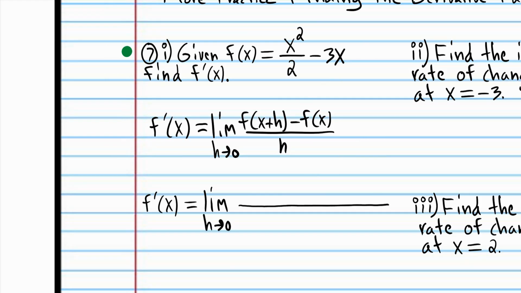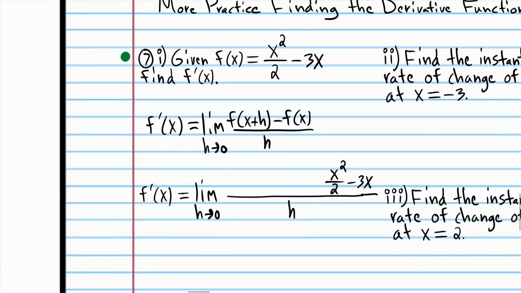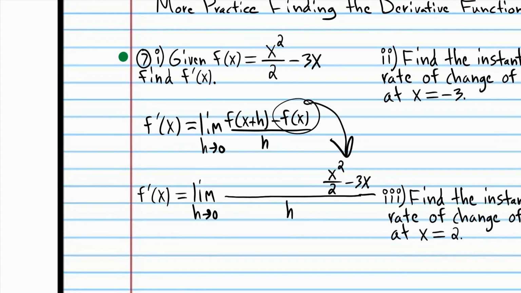We can just write the h there. And also f of x is the easy part. We're just rewriting what f of x is. That's just f of x right there. But we do have to use parentheses. If you don't use parentheses, you're going to get the wrong answer because we're subtracting this expression.